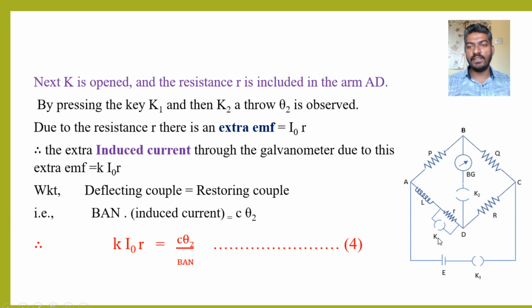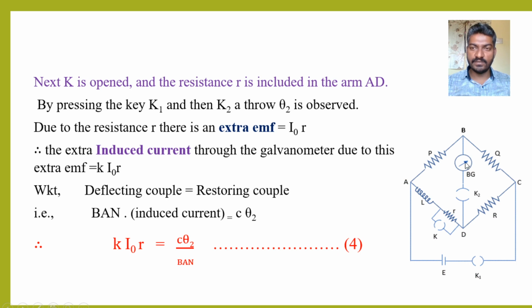Next, key K is opened. If key K is opened, then this resistance will be in the circuit. Current flows through this resistance R. Next, by pressing the key K1 and then the key K2, the ballistic galvanometer shows some deflection.